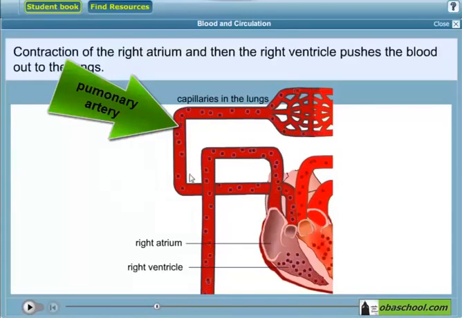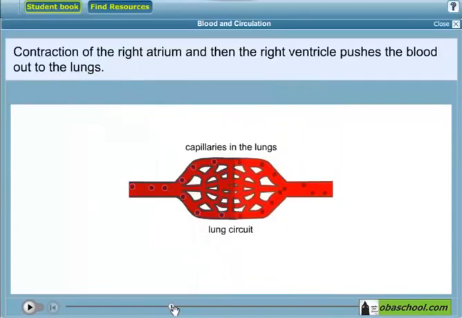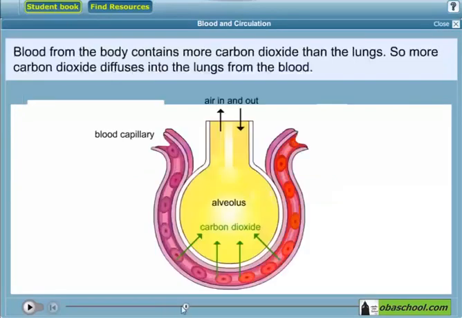And at the level of the capillaries in the lungs, we will have the gas exchange between the blood that is deoxygenated as well as the lungs, which have a lot of oxygen inside of them. Now the blood enters and it is deoxygenated, so it's rich in carbon dioxide and it's poor in oxygen.